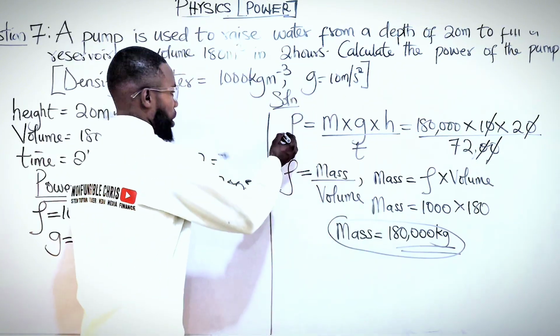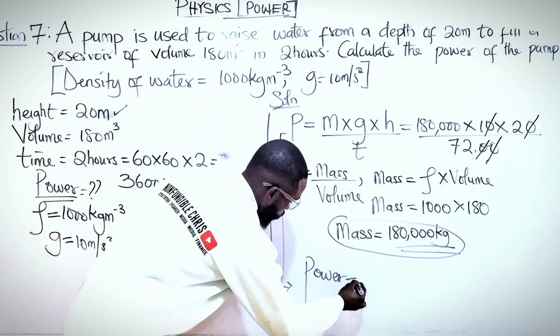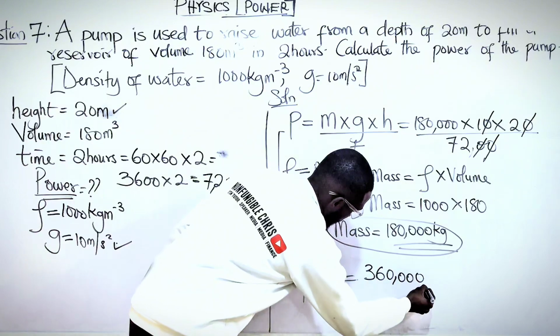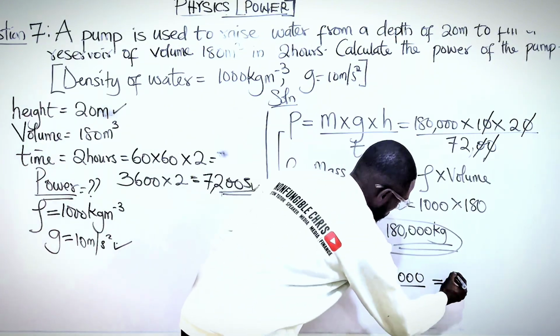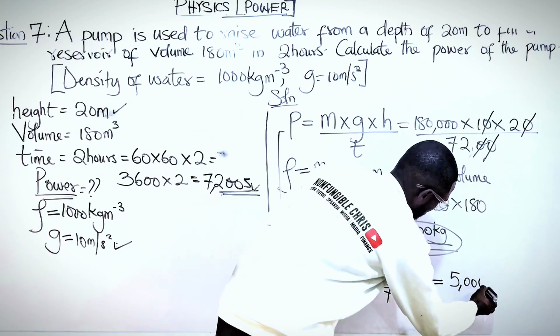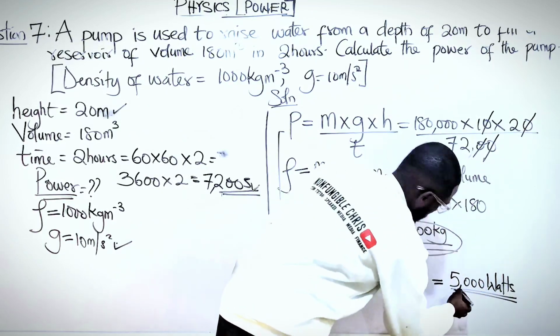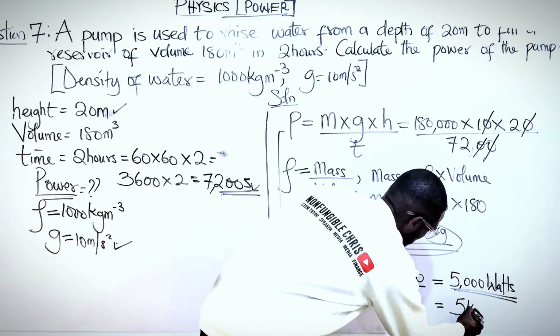So our value for the power is going to be 360,000 divided by 72, which gives us 5,000 watts. Or for short, we can say it is 5 kilowatts.